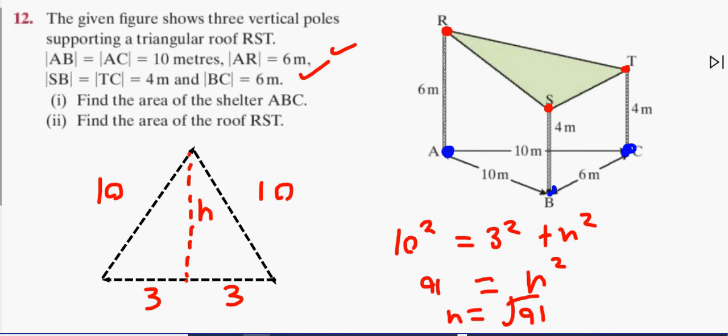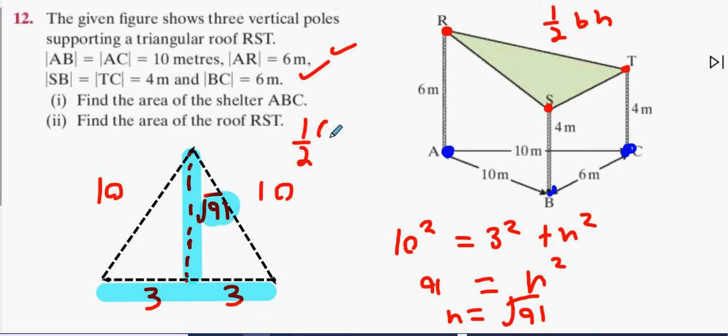Now, next thing. You said a half base times height for the area, didn't you? So what's the base? The base is 6. And what's the height? Root 91. So it's going to be a half 6 times root 91. What's that in the calculator? 3 root 21.